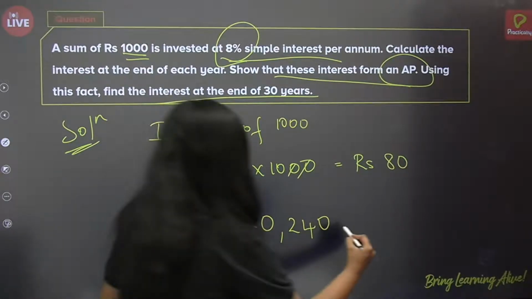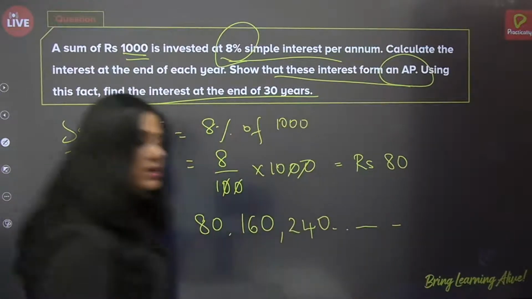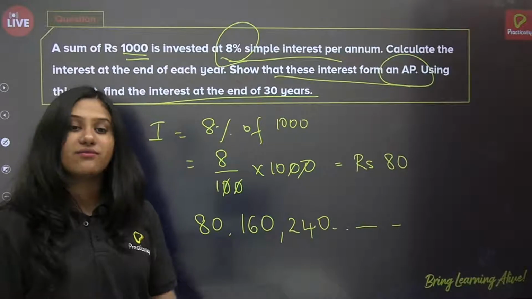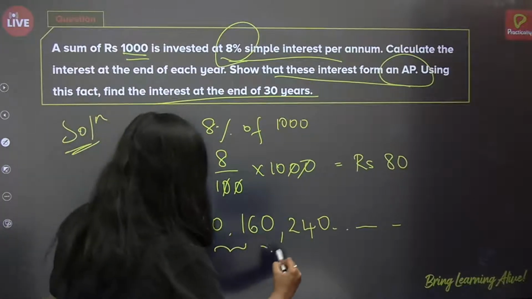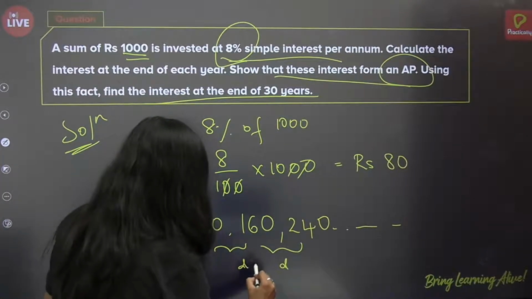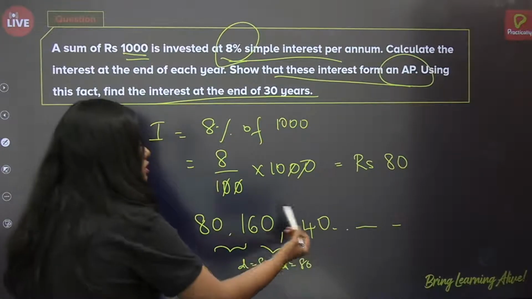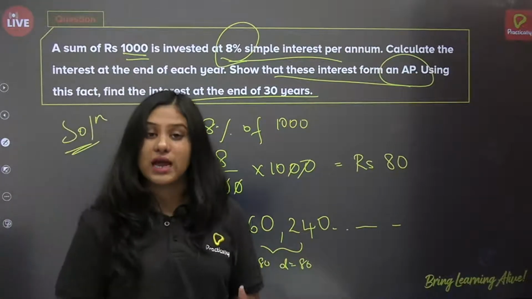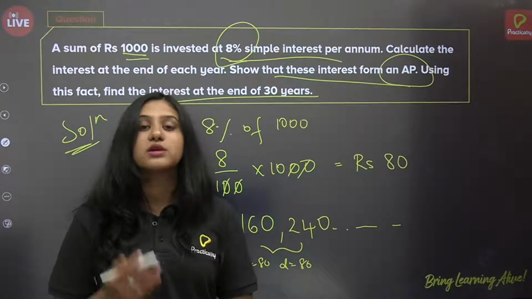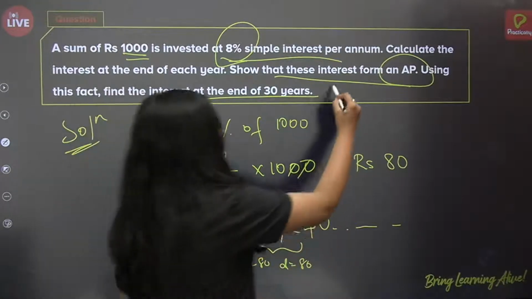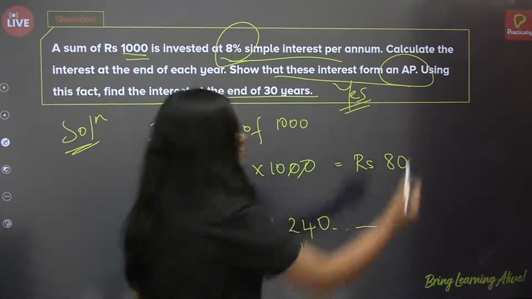Now, are these in AP? Of course they are in AP. Why? We see that the common difference is nothing but 80. So A2 minus A1 is equal to A3 minus A2. That means the common difference is the same. So we can say that the interests are in AP.